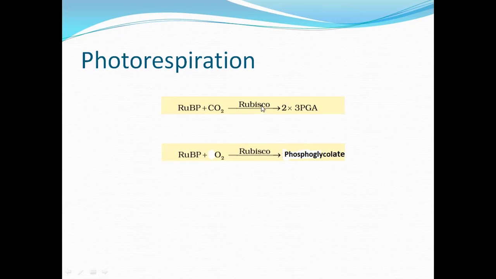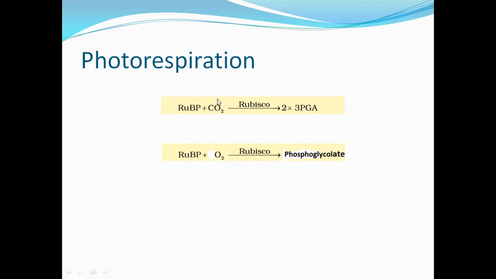Normally this enzyme combines carbon dioxide and ribulose bisphosphate to form 3-PGA, that is 3-phosphoglycerate. This 3-phosphoglycerate contributes carbon for the synthesis of glucose in the C3 pathway or Calvin cycle. So this is the normal reaction.